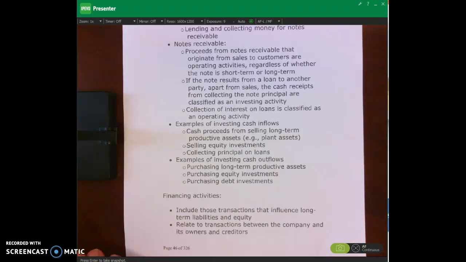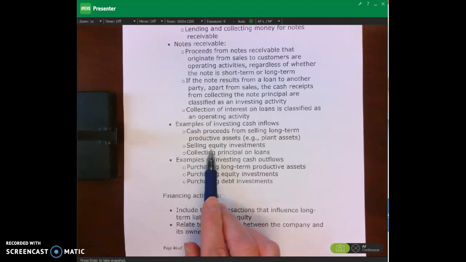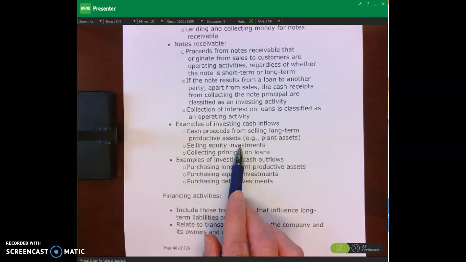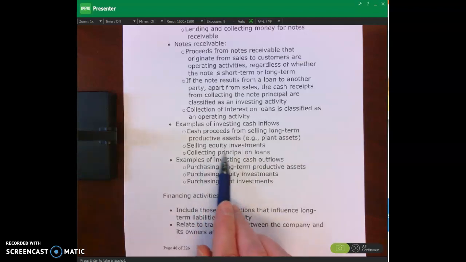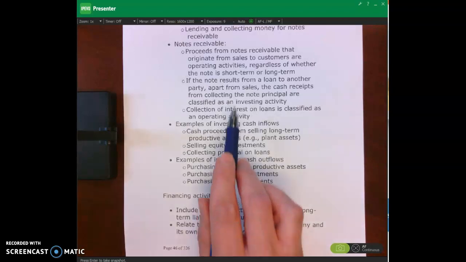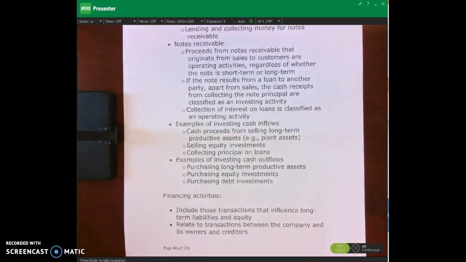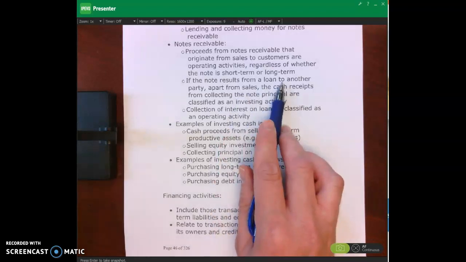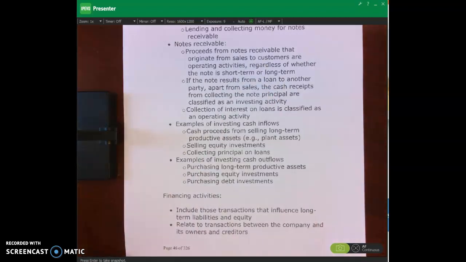So that's where I was talking about a minute ago, talking about plant, property, and equipment. Okay. Selling investments, stock in another organization. Collecting on the principal, not the interest, but the principal on notes receivables. Okay, notes receivables that originated from loans, not from sales.